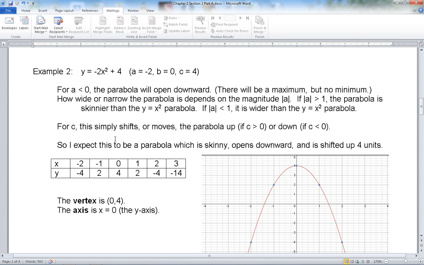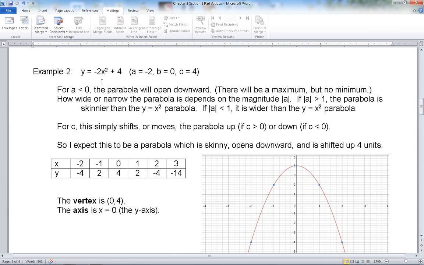Now how wide or narrow the parabola is going to be depends on the magnitude of that leading coefficient on the x squared term. If it's a large number, bigger than 1, then it's going to grow a lot faster than the y equals x squared parabola we first looked at. So it's going to actually be skinnier if you look at it side to side.